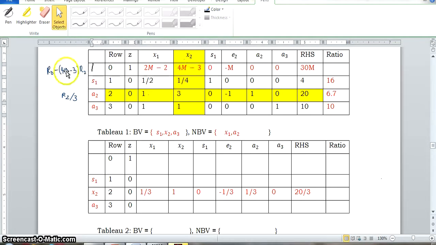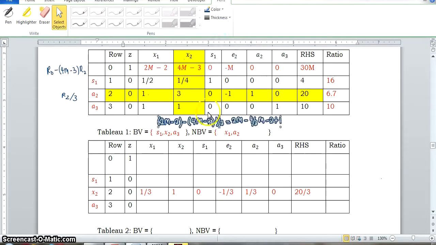Okay, using this ERO, we can get the coefficient for x1 in row 0. R0 is 2M minus 2 minus in bracket 4M minus 3 times R2. R2 is 1 over 3.